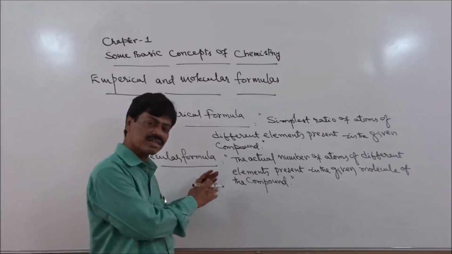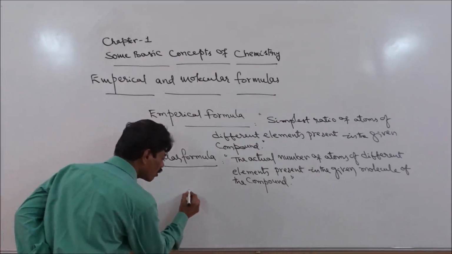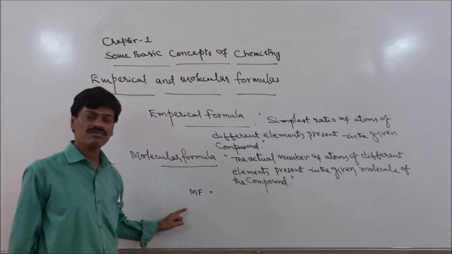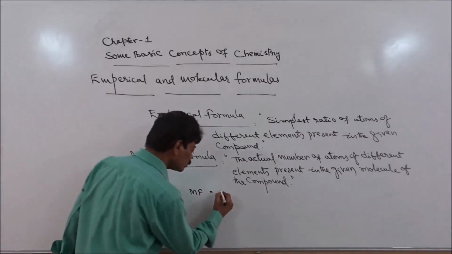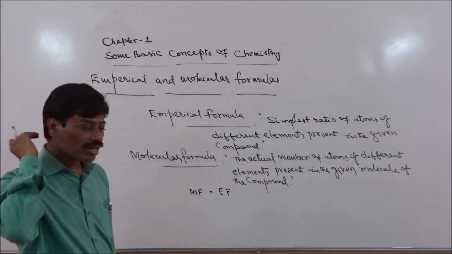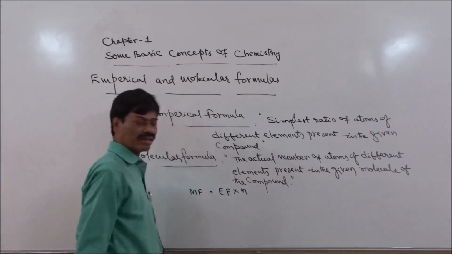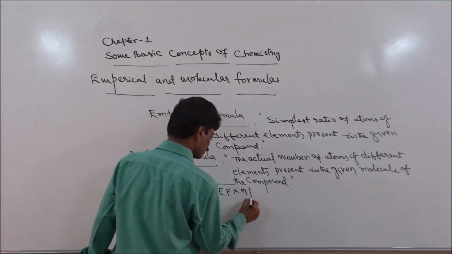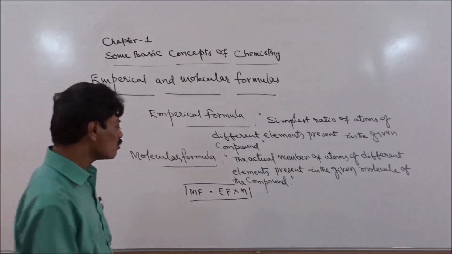Let us see the relation first and then we will move to the example. So molecular formula, MF, of the given compound is equal to EF, that is empirical formula, multiplied by n, small n. This is the relationship between molecular formula and empirical formula.